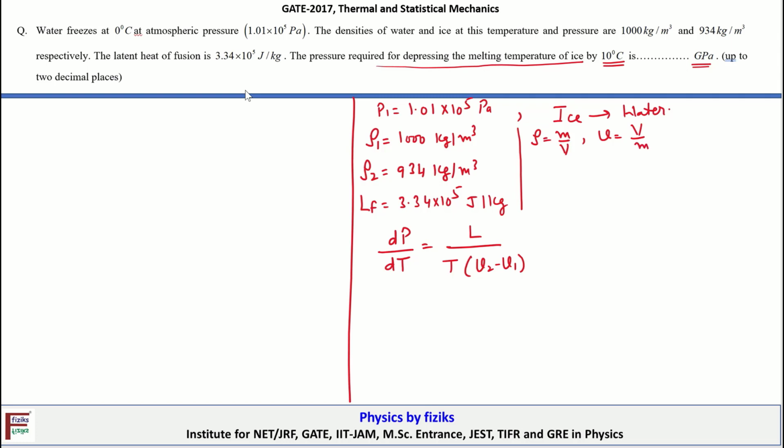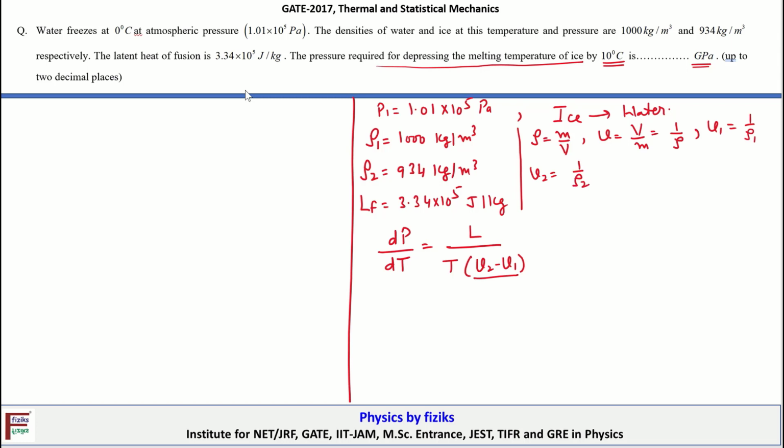So in the Clausius-Clapeyron equation, V1 and V2 refer to the specific volume, which is inversely connected with the density: V1 is equal to 1 upon rho 1, and similarly for water, V2 is equal to 1 divided by rho 2.